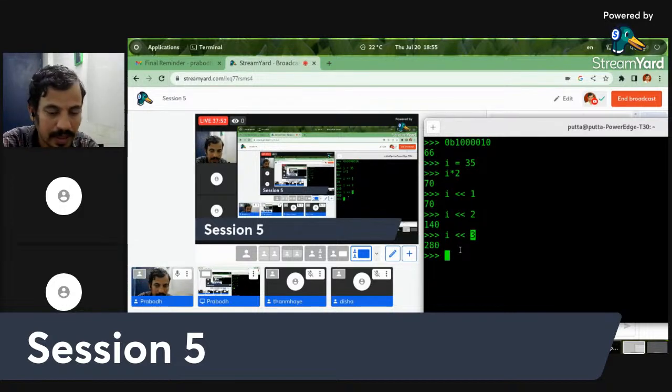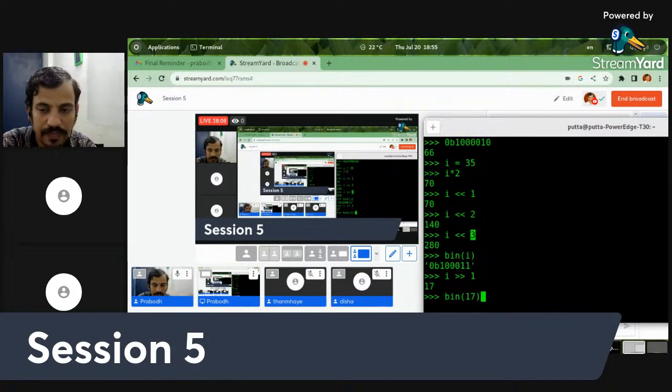So binary of I. I right shift by one position. BIN of 17.